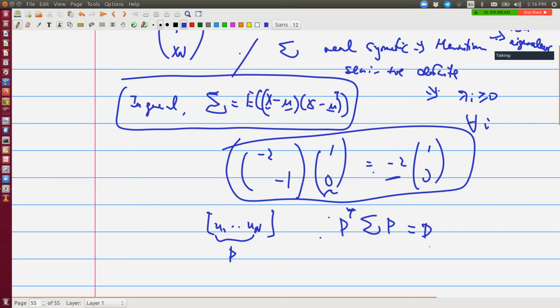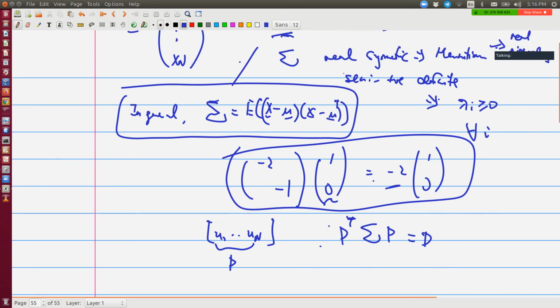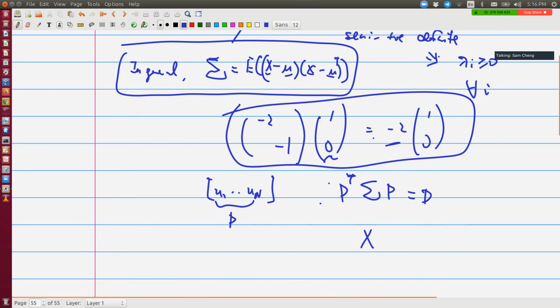Now I have this random variable x. Let's do a linear transform of this random variable. Let me define y, which is simply equal to P transpose times x. It's a linear transform of those random variables, so of course this is again some random variable.